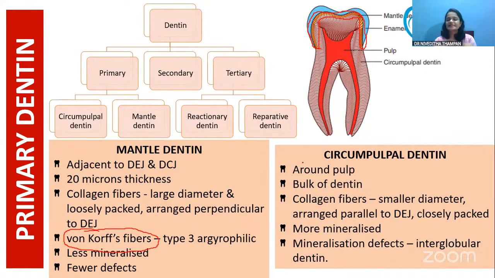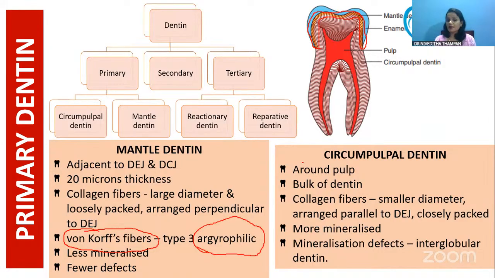They stain readily with silver. So which collagen fibers in the mantle dentin are argyrophilic? It is the Von Korff fibers, and they are type 3 collagen fibers. Usually this mantle dentin will be less mineralized, and you'll see only very few defects in mantle dentin.